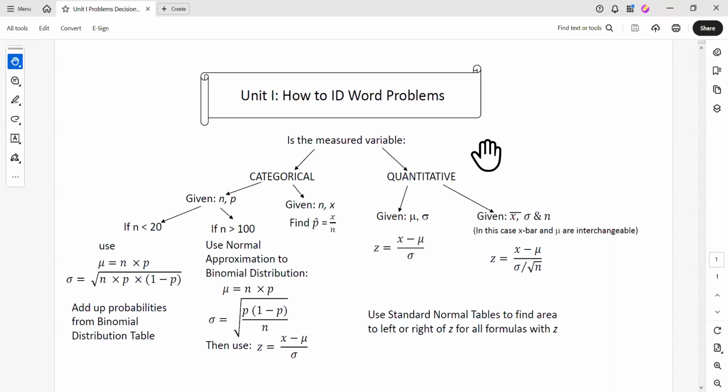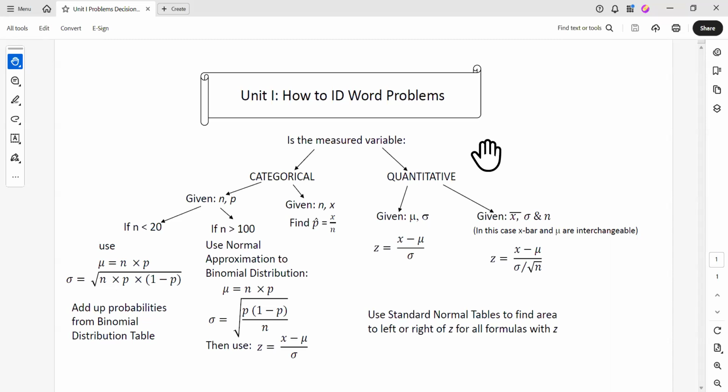But the mean and standard deviation of that normal distribution are going to be based on little n and little p. The normal approximation to the binomial distribution has a mean mu that is also equal to little n times little p. However, its standard deviation is the square root of the quantity little p times 1 minus p divided by n.